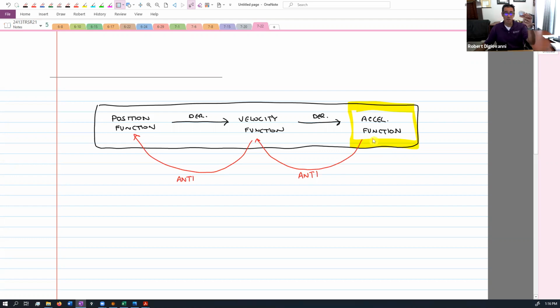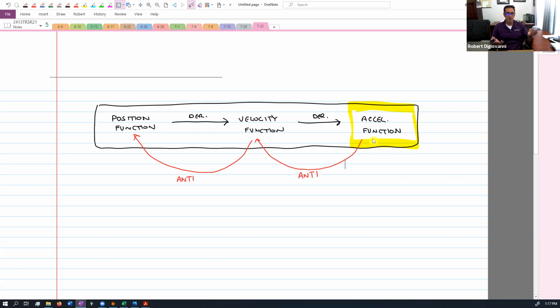If you're on Earth and you take an object and drop it, let it go, the only force acting on it is gravity. And the acceleration of gravity on Earth is constant.